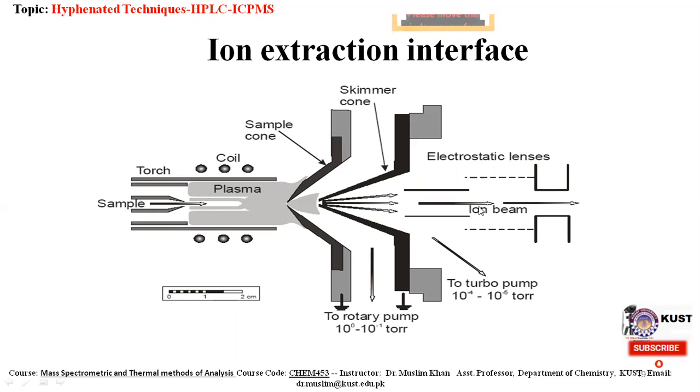where they are guided into the mass spectrometer device. The interface region is one of the most critical areas of the ICP mass spectrometer because the ions must be transported efficiently and with electrical integrity from the plasma, which is at atmospheric pressure of 760 torr, to the mass spectrometer analyzer region at approximately 10 to the power minus 6 torr. Unfortunately, there is a capacitive coupling between the RF coil and the plasma, producing a potential difference of a few hundred volts.